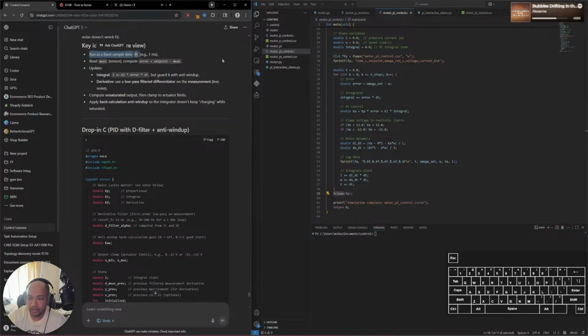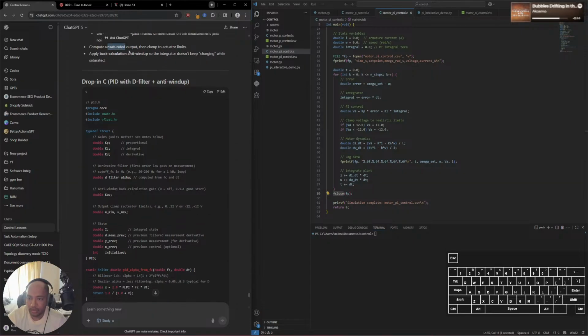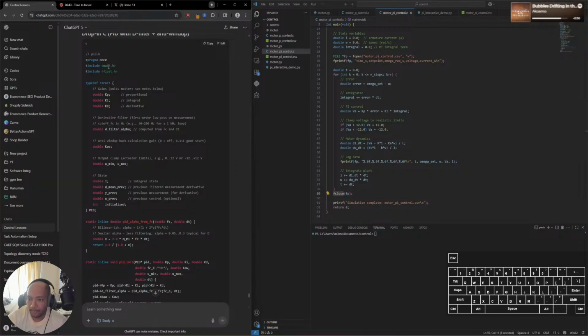Run at a fixed sample time, read measurement, compute error, integral, guard with anti-windup, use a low pass filtered derivative on the measurement, compute unsaturated output, apply back calculation anti-windup, and keep integrating while saturated. These are all big words. Alright, let's get to it.